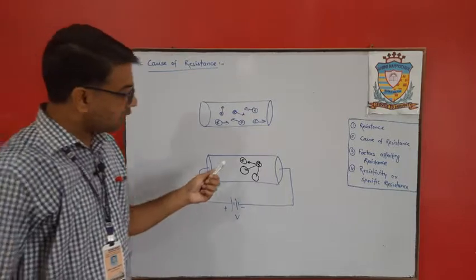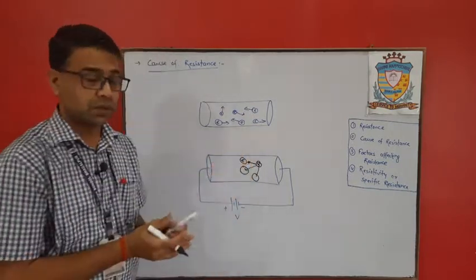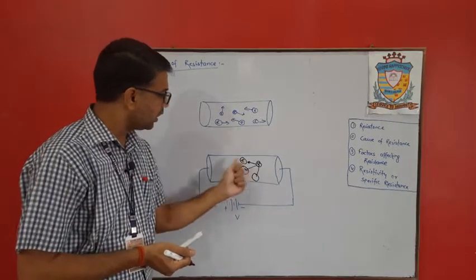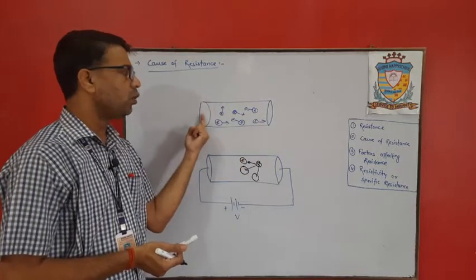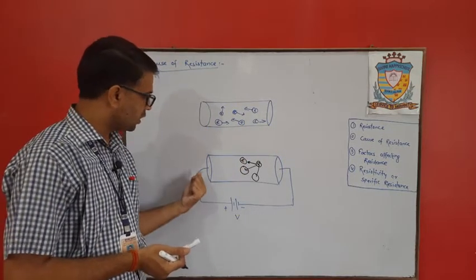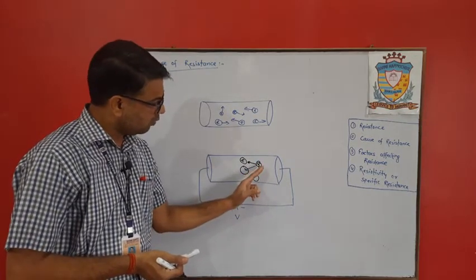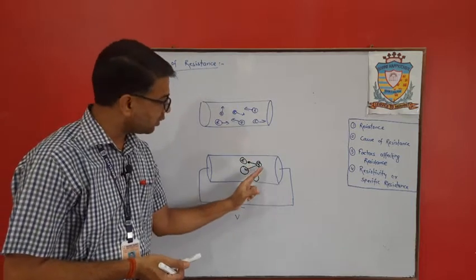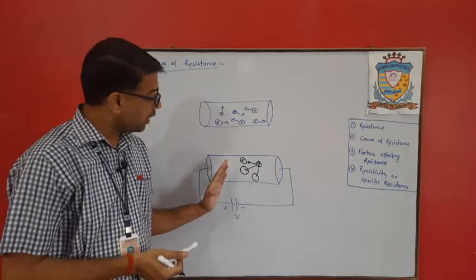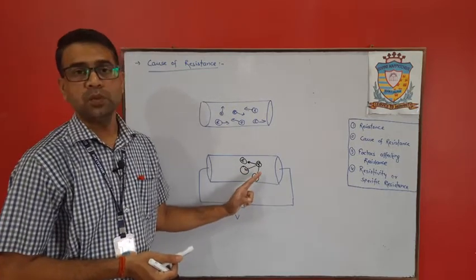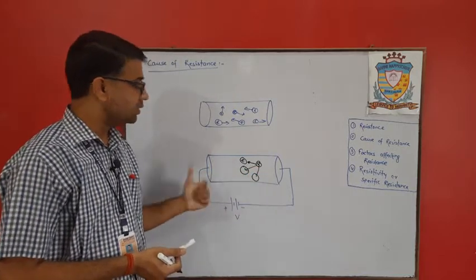Due to that collision, its speed will reduce. If nothing is there, then this electron will move fast towards the positive terminal of the conductor. But if everything is there, then it has to move slowly. The reason behind it is that it will collide with electrons, ions and atoms, and due to the collision, its speed will decrease, and it will take more time to reach this point.